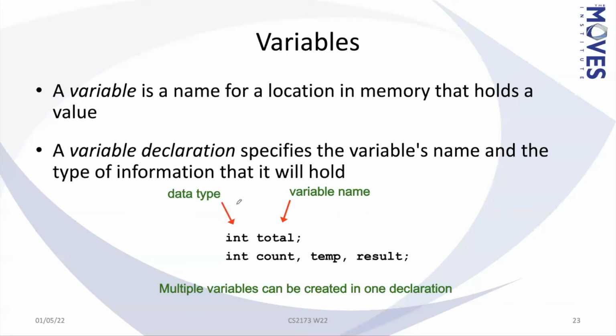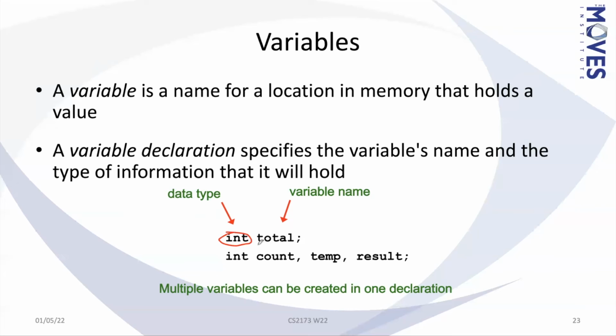Now what kinds of things can they be? There are two basic types: primitives and object types. We'll either today or tomorrow look at what the primitive types are. Int is a primitive type.